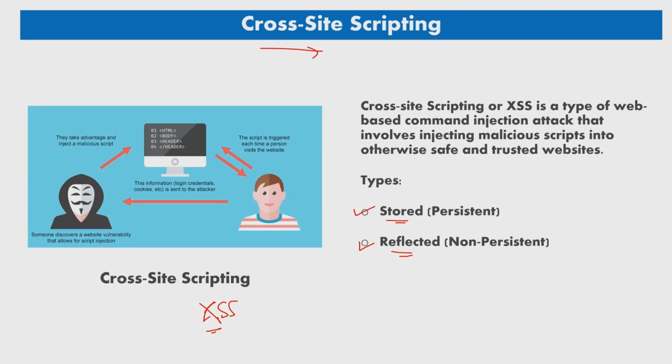The victim must click the infected link in order for the attack to succeed. Reflected XSS attacks are usually delivered to victims through an email message or another website. Now, when a victim is duped into clicking on an infected link, the malicious script is reflected back to the victim's browser and executed. Reflected attacks can be avoided by vigilant users.